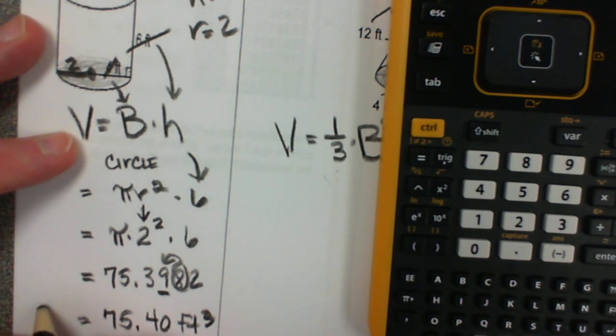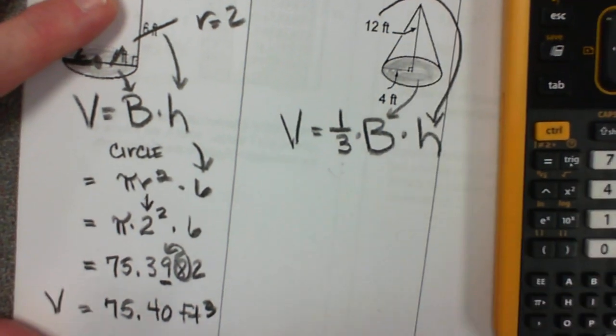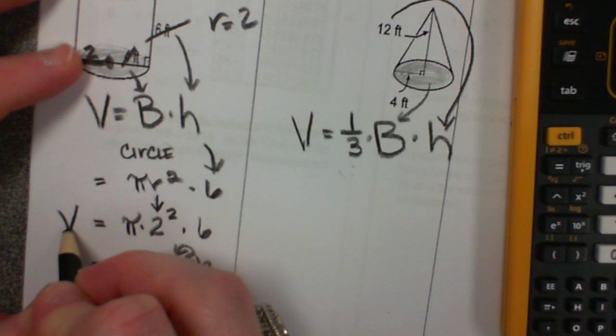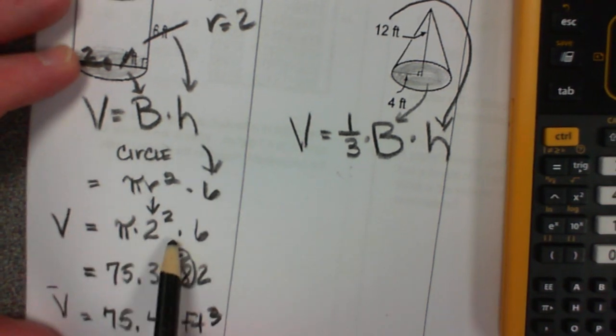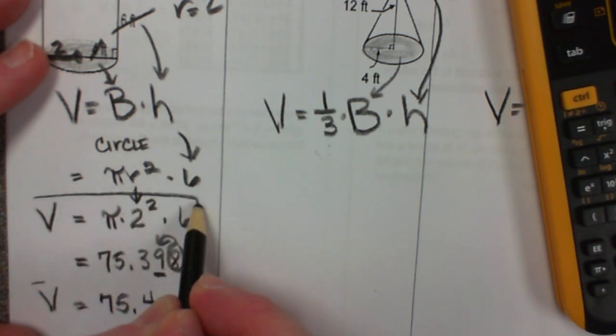Okay? Now there's 2 places I want you to put V equals. One is where you have the total. The other one is where you have the formula with the radius in it properly. Okay, so we're going to put a box around here.